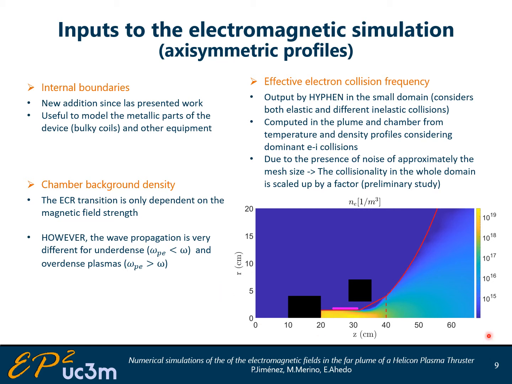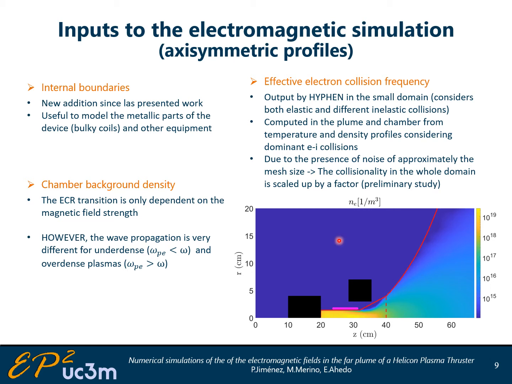But for the plume and vacuum chamber, we will compute them assuming that we have electron-ion collisions. Due to the presence of some numerical noise, very short wavelengths, we decided to scale up a little bit the effective collision frequency. We hope that we will solve this problem in the future and we can have nominal collisionality simulations soon.